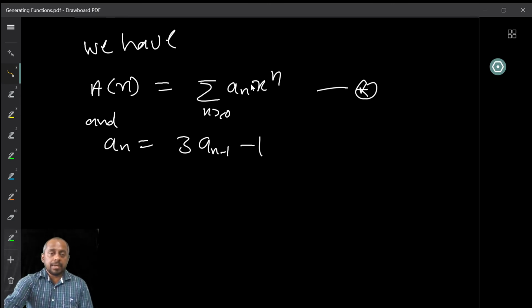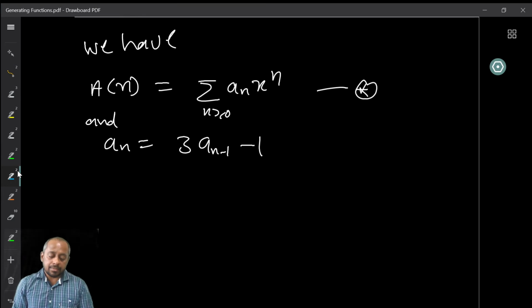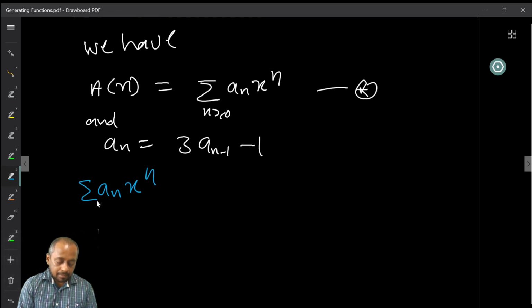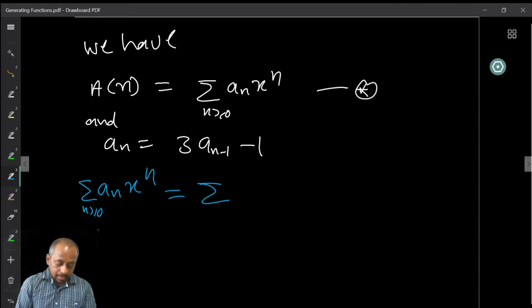So once I get a solution to this, I can hopefully find something about this. What we do here: we have an is equal to 3 into an minus 1 minus 1. I convert this to our generating function as follows. I multiply both the left side and right side by x raised to n. So I start with an x raised to n, then summation n greater than 0.